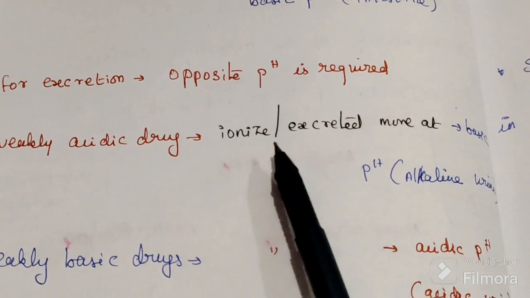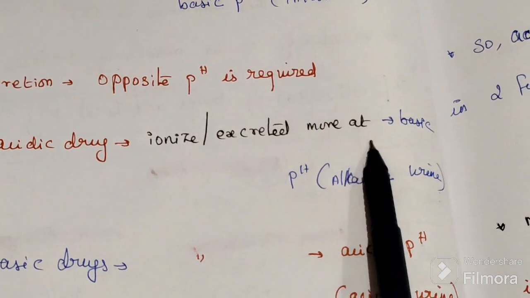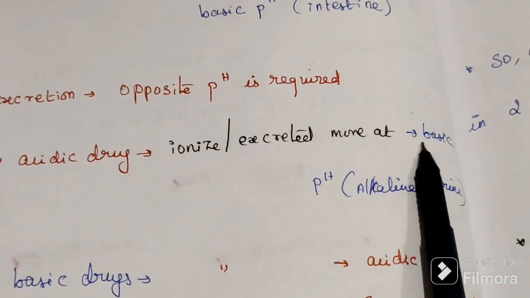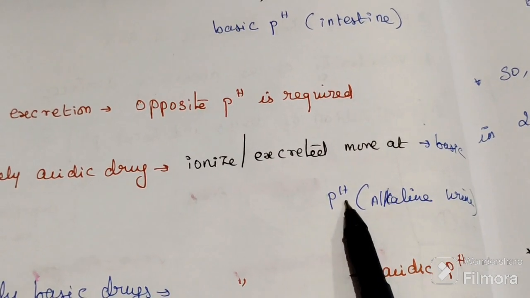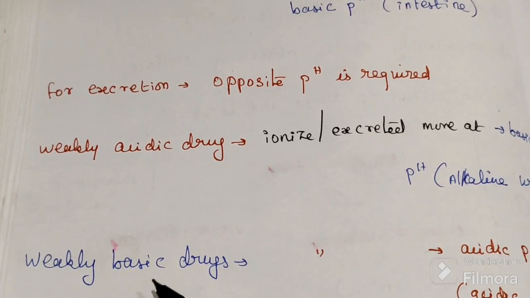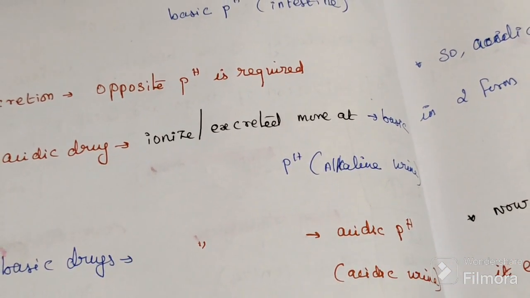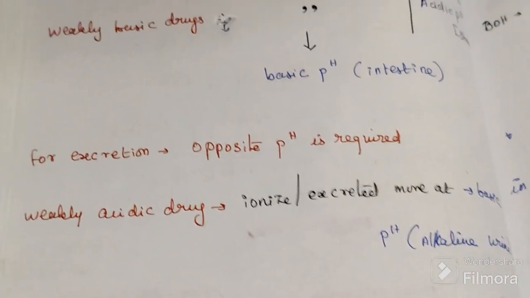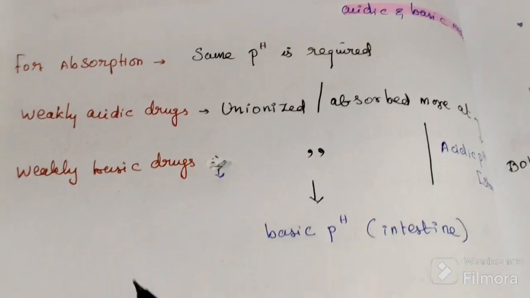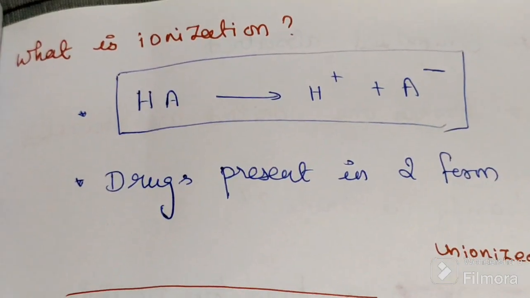Weakly acidic drugs are ionized and excreted more at basic pH. Acidic drugs will be converted into the ionized form in basic medium, then excreted in urine. Basic drugs will be converted in acidic pH, then excreted in urine. So absorption needs the same pH, and excretion needs the opposite pH.